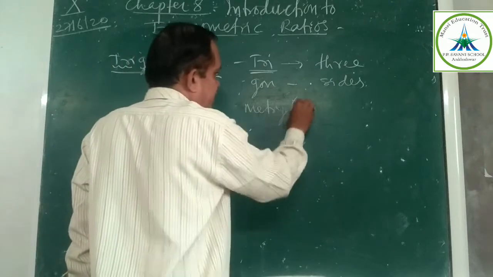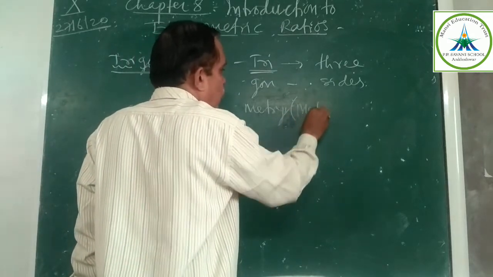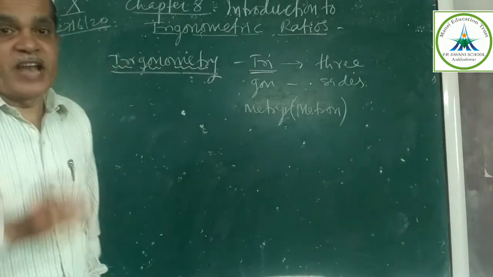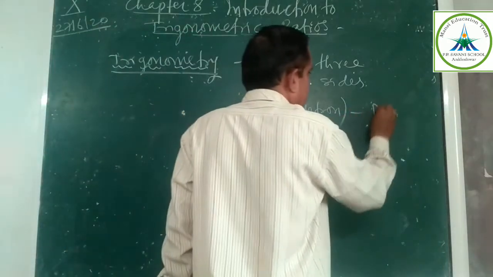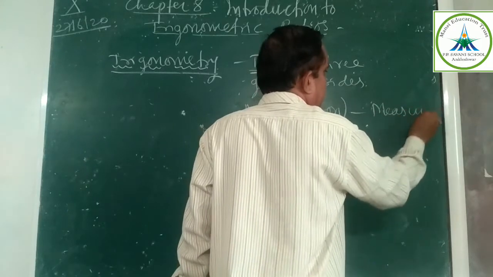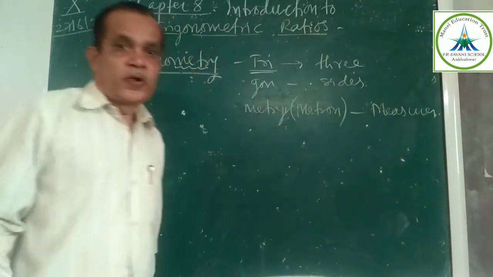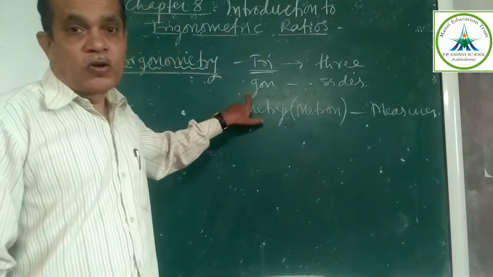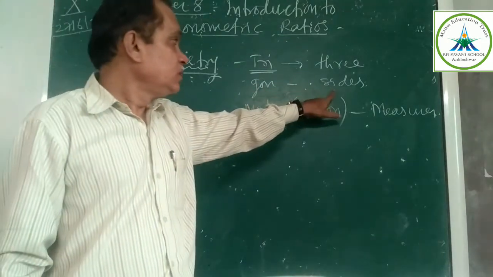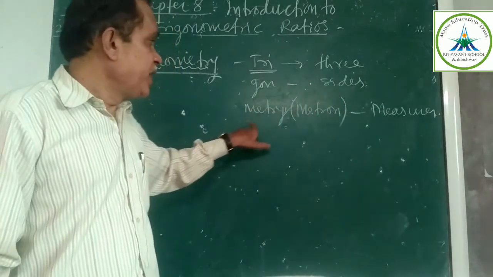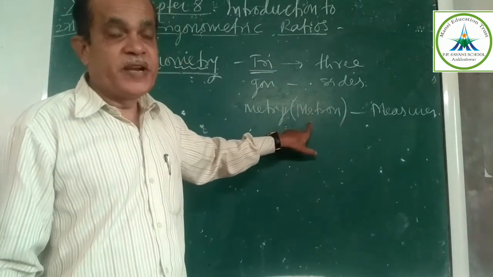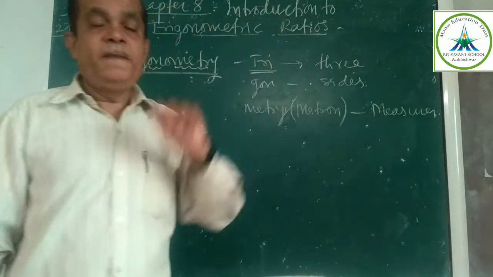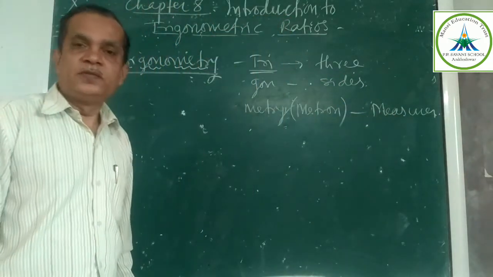Metric in Greek means metron. Metric stands for measures. Tri for three, gon for sides. Metric means metron, which is measures. It's measures of the sides of the triangles.